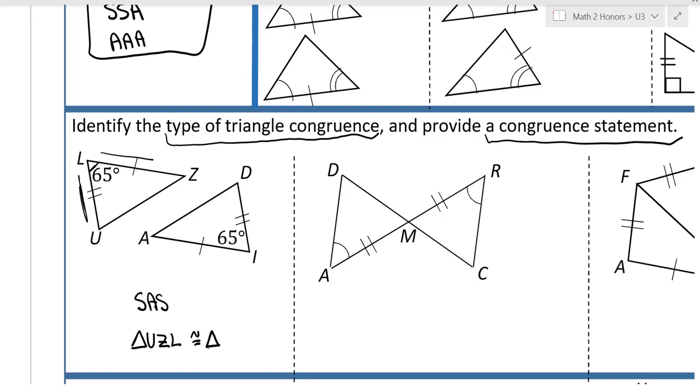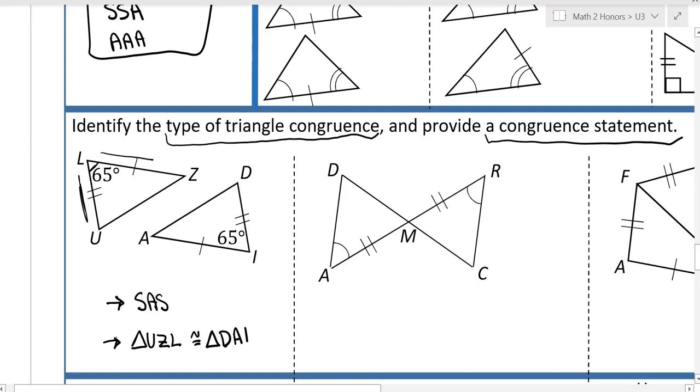So U is at the end of the double dash, not on the 65, so that would go with D. Z is on the single dash, not with the 65, so that would be A. And L is where the 65 is, so that would be I. Okay, so we have our type of congruence and we have our congruent statement. We have to put both of those on here.